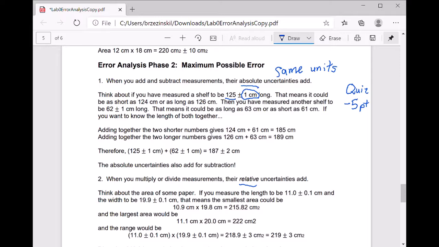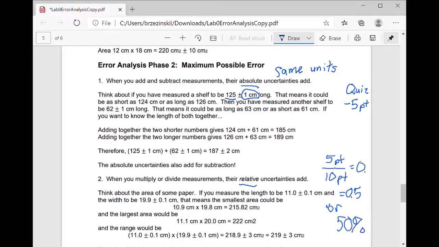So sometimes instead of points, we talk about relative to the total amount of the quiz, then what is your error that you have. So 5 points out of a 10-point quiz would be 0.5, or 50%.